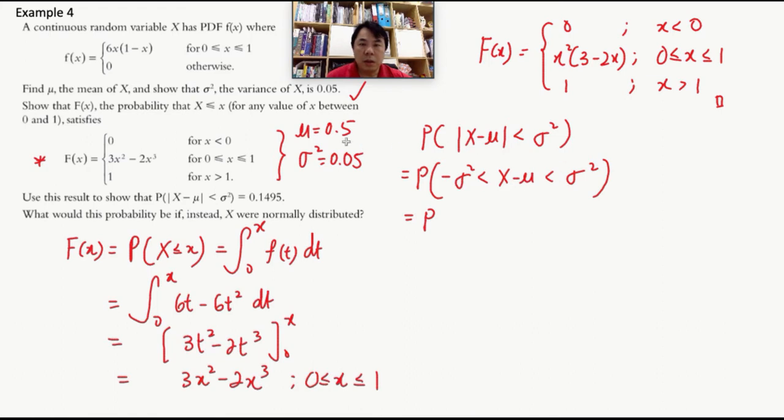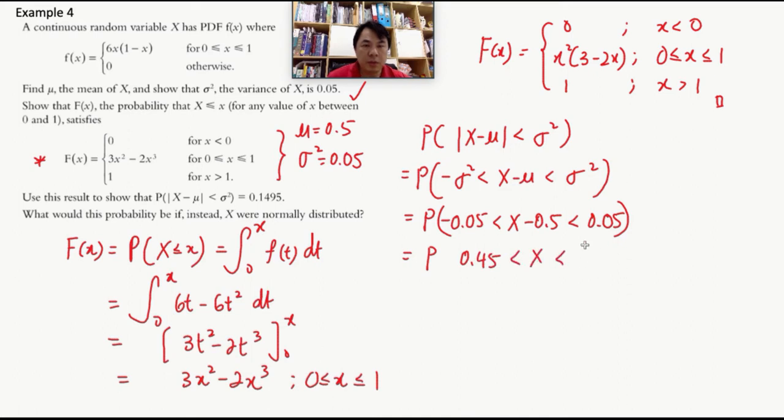So all we need to do is substitute all these values here. We have x minus 0.5 less than 0.05 and more than negative 0.05. Now with a bit of algebraic rearrangement, what do we have here? 0.45.